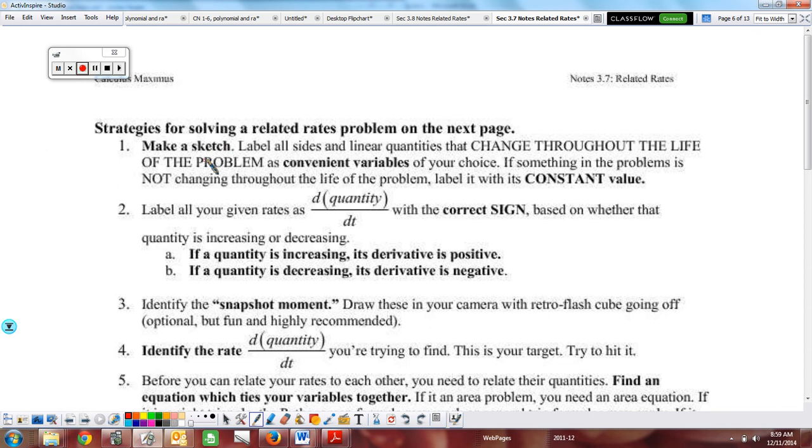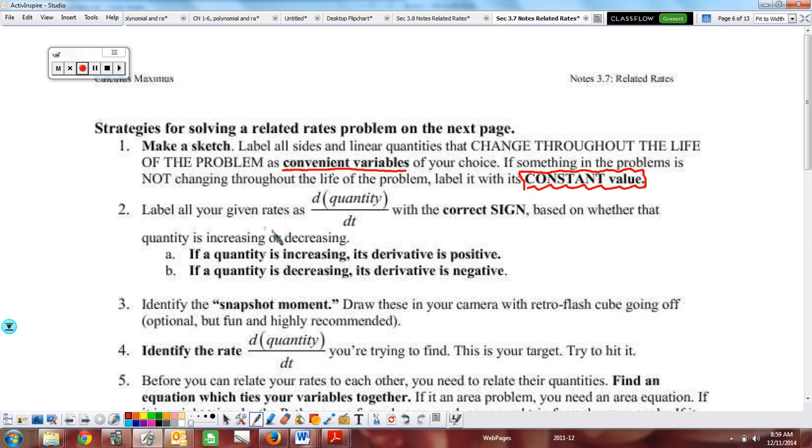If you are making a sketch, if it's a geometry problem, make sure that when you label things, you label them as variables. Do not use the instant, the when, to plug in. The only time that you would not label something as a variable is if it is something that is actually constant, that does not change the entire time. We're going to look at an example that has that in it shortly.